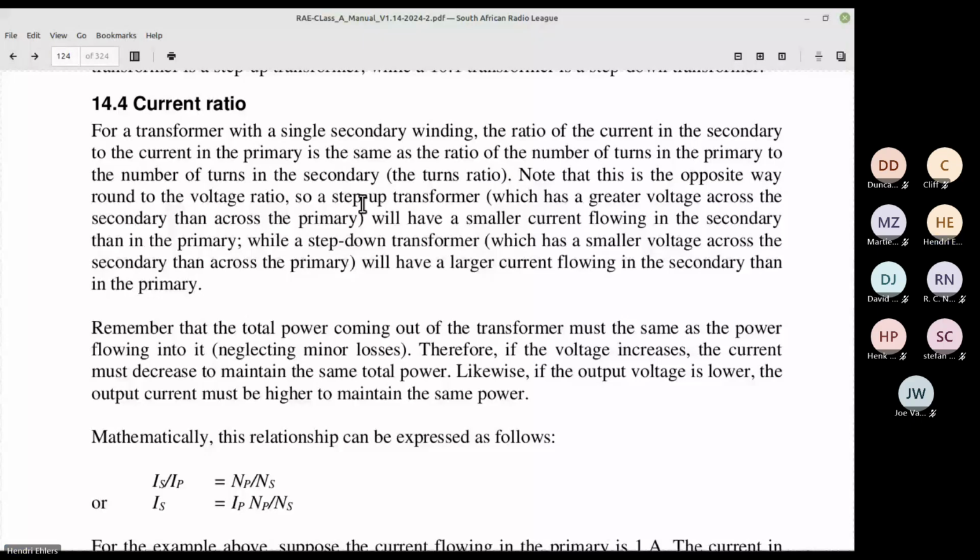If you get a lower voltage, your amperage is going to go up, because the amount of power you put in and the amount of power you get out will always be the same. So if you put, for argument's sake, 1 amp at 100 volt in, you've got 100 watts going in. So if you put 10 volts out, you will have 10 amp on the secondary side.